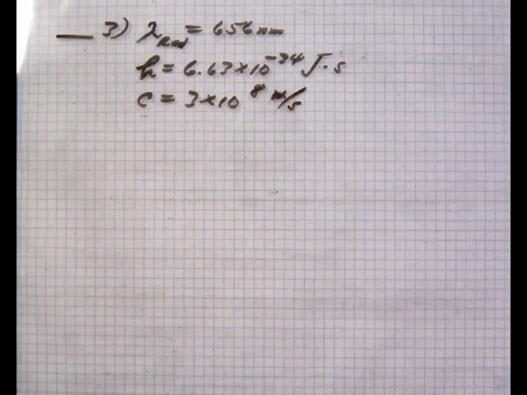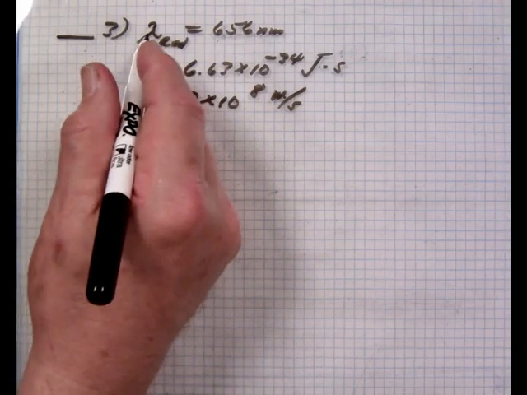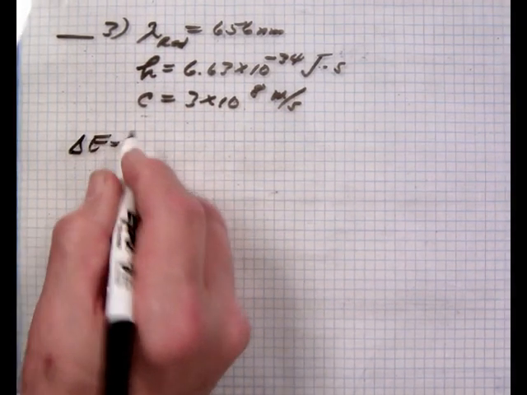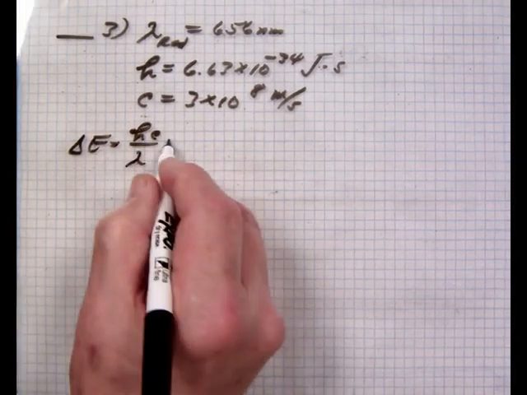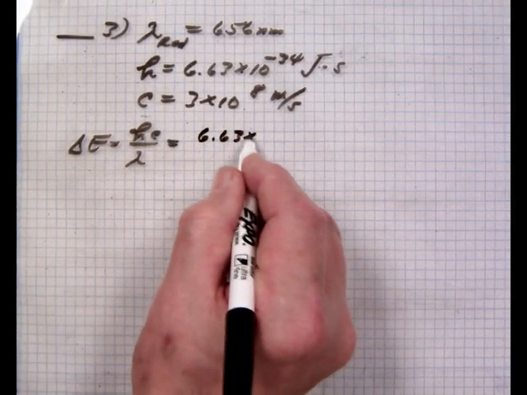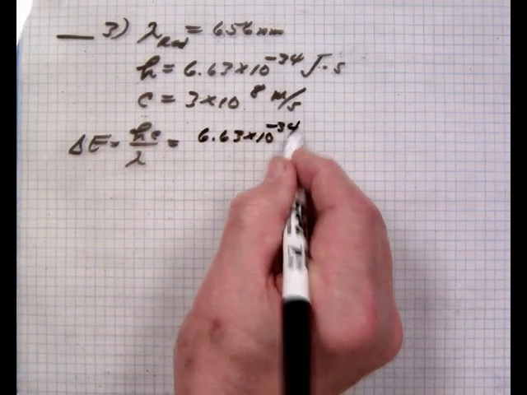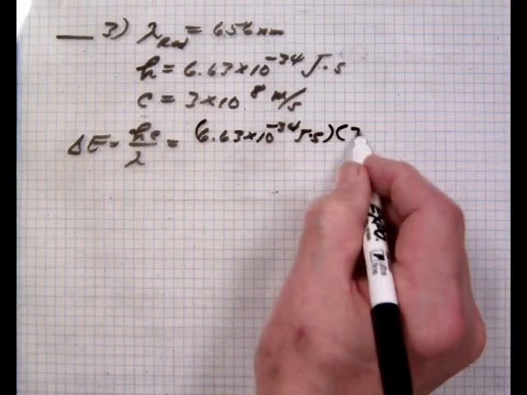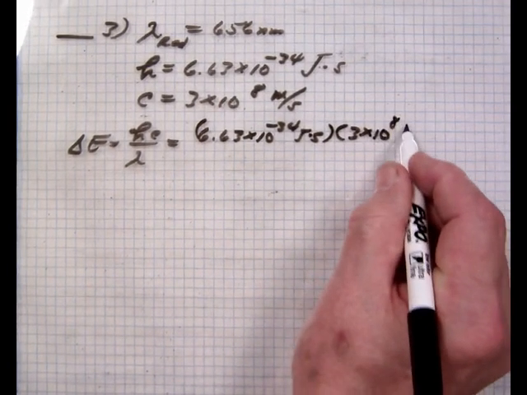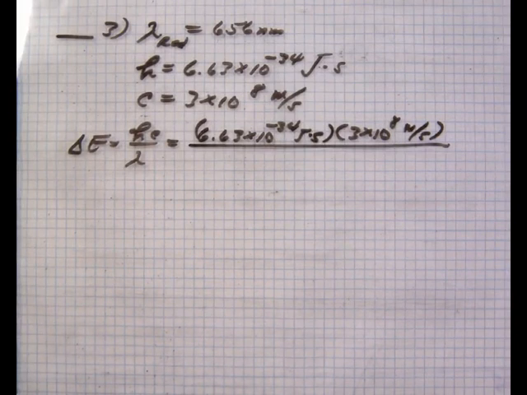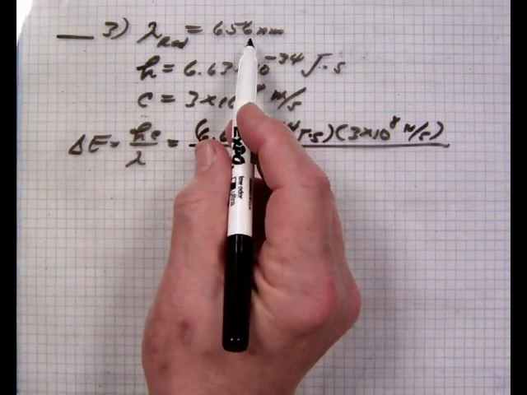Well, if we're given h and c and wavelength, we'll use that last equation: delta E equals hc over lambda. This will be 6.63 times 10 to the minus 34 joule seconds, times 3 times 10 to the 8 meters per second, over 656 nanometers.